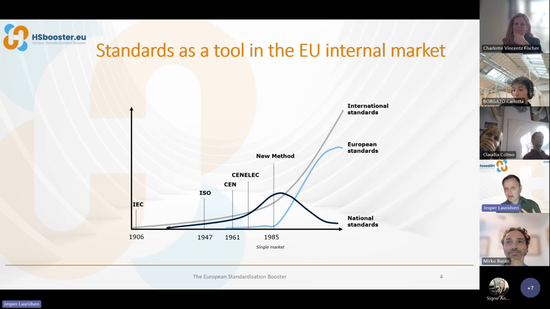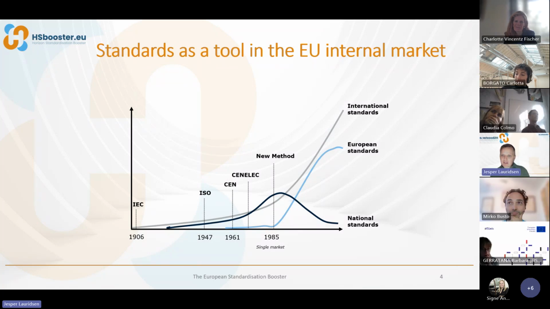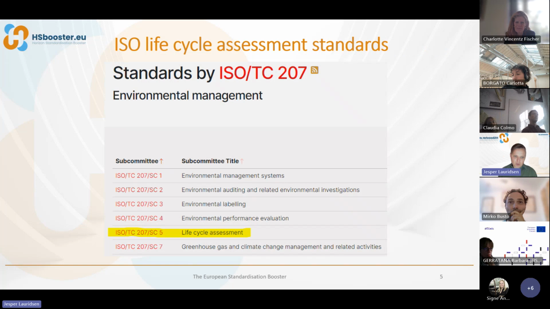Right now, in the European Green Deal, you see that the blue figure is turning vertical, but right now we have a boost in European standardization, especially when we're talking environmental standards. So that was me setting the scene for what we're doing in standardization.